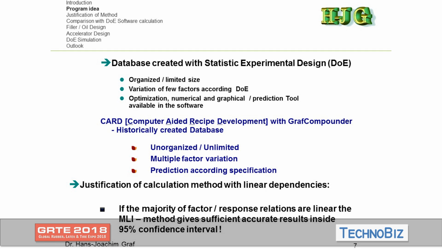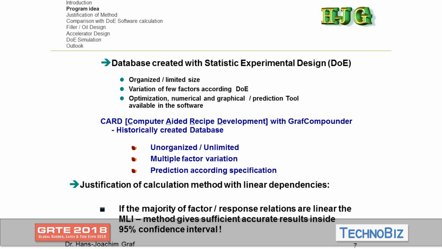So what we do now, we have a database created with statistical experimental design, which is organized and limited in size. I already said that. And then we are able now to use with this tool unorganized and unlimited databases like these 40,000 data sets we have. And I want to have the ability to predict something.